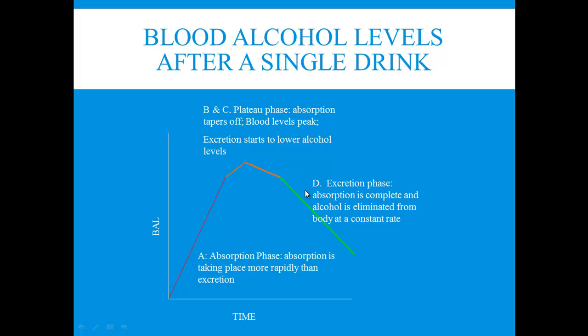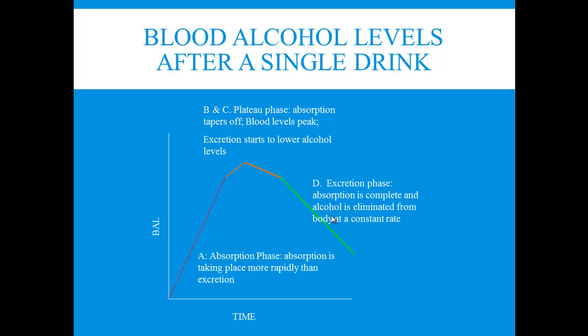Then we enter this excretion phase, this side of the curve, where excretion is going to kick in. Here you have no absorption happening, because remember, the absorption has been completed in this area of the curve. But during this excretion phase, the alcohol is going to be eliminated from the body, metabolized and excreted at a constant rate.